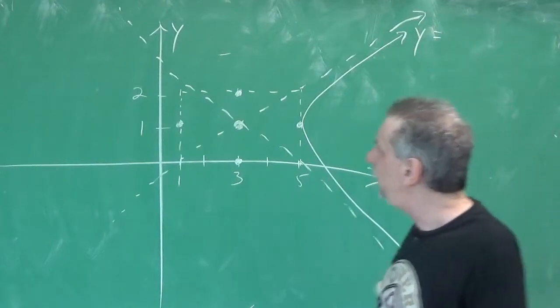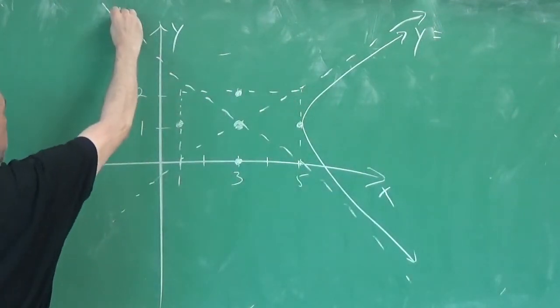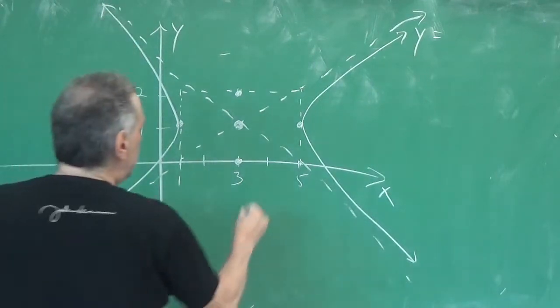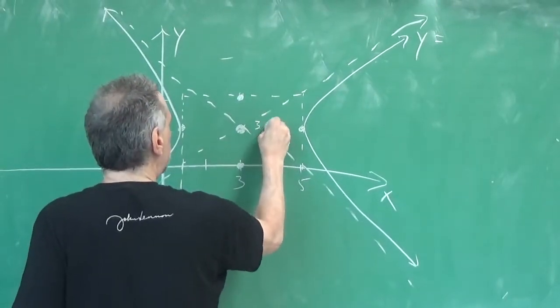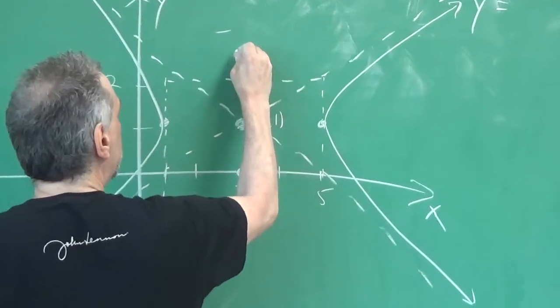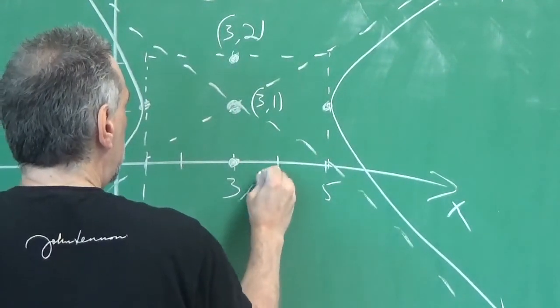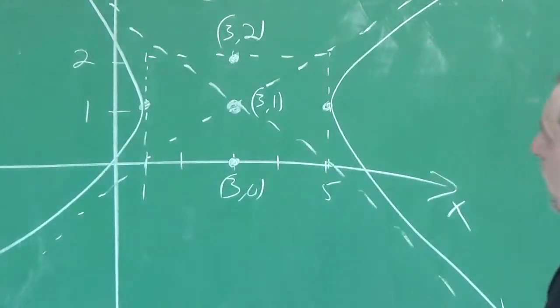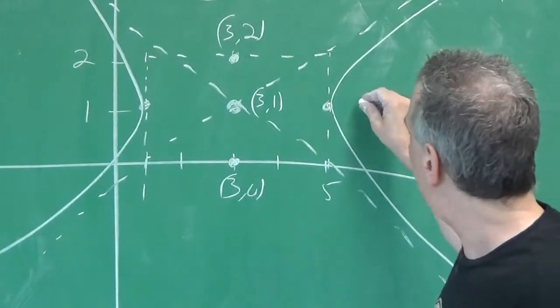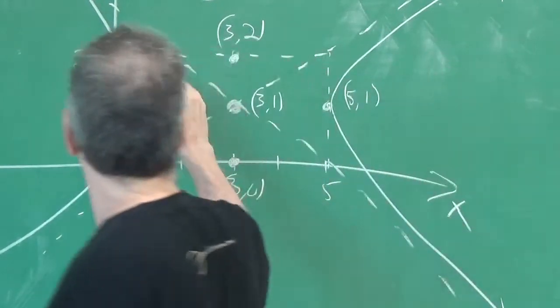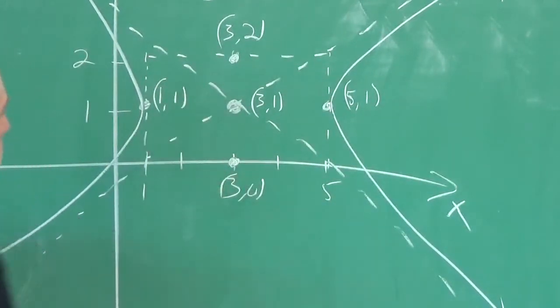Approaching that line, never reaching it. And same thing over here. You want to label the center, which we said was 3, 1. You want to label the B values. You want to label the ends of the transverse axes. So this is at 5, 1 and 1, 1.